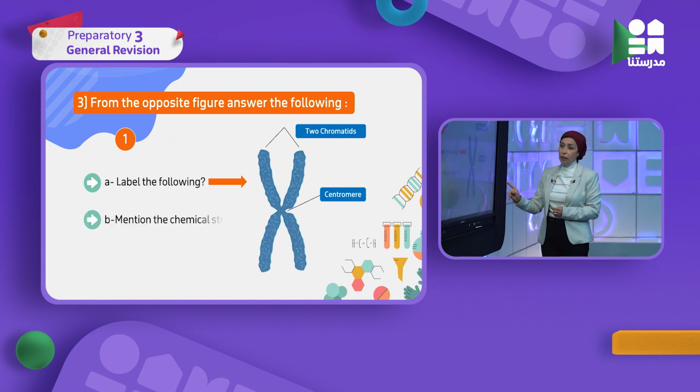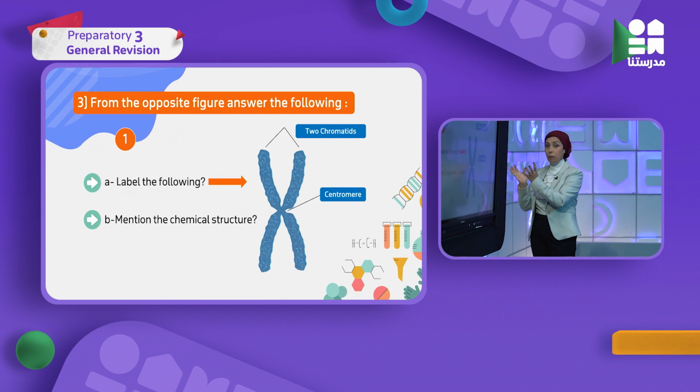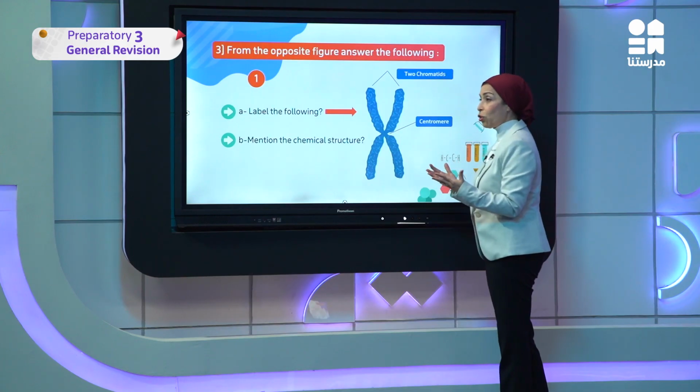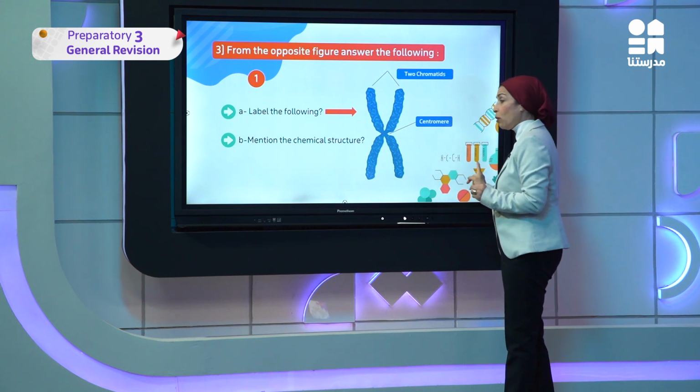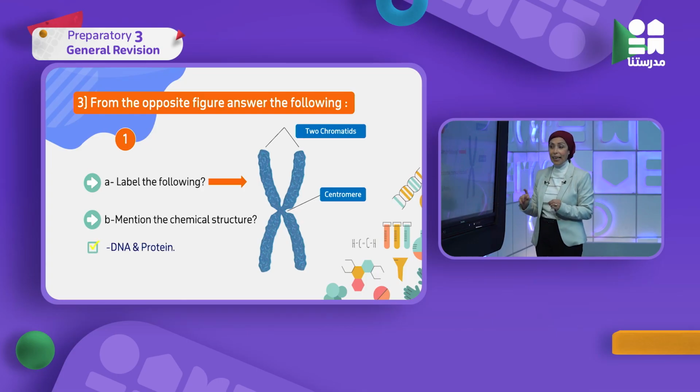Another question. Mention the chemical structure. When we label, we define the structure of the chromosome, but when we speak about the chemical structure, what is the chemical structure of the chromosome? A chromosome chemically consists of DNA and proteins.